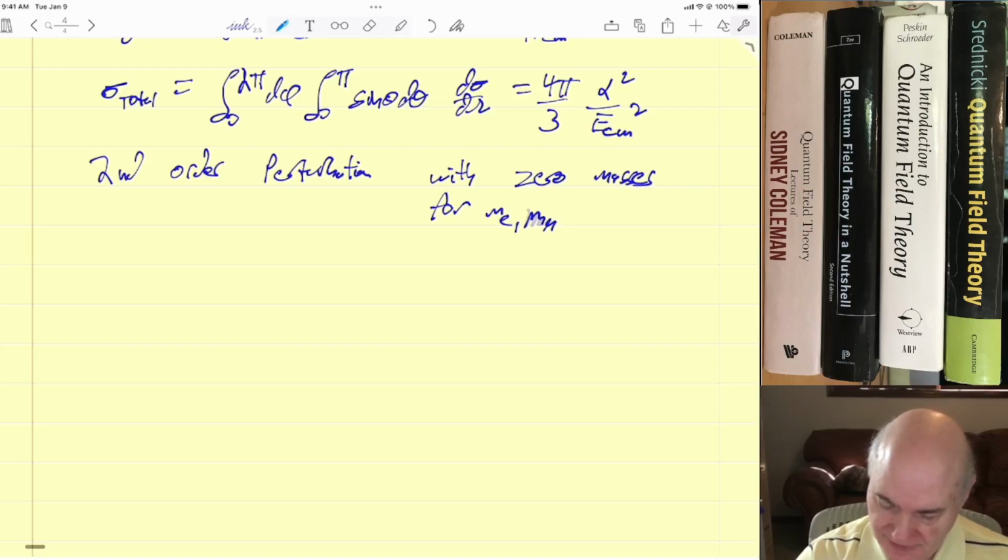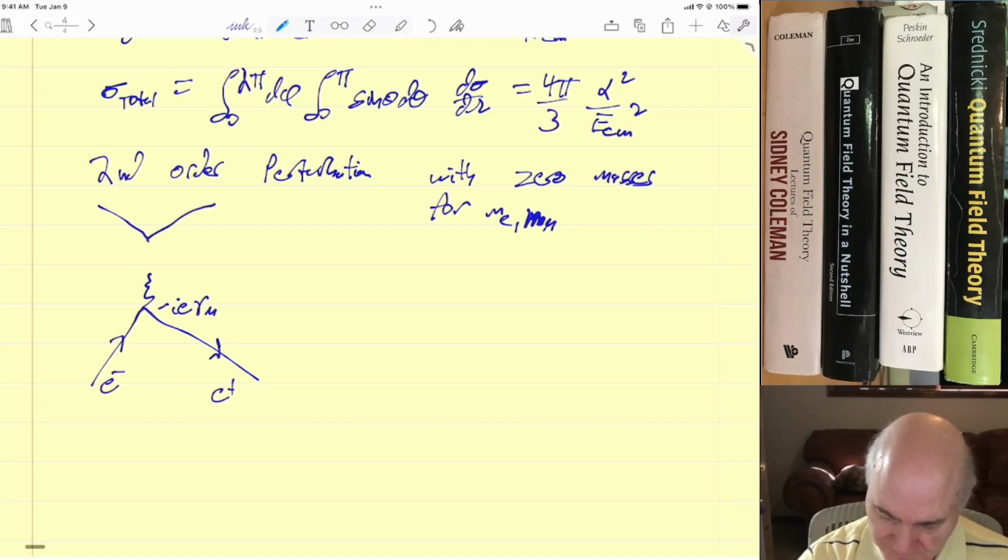But you could see, and they talk about in the rest of the chapter, all these things about Feynman diagrams and vertices, minus i e gamma mu, like e minus, e plus, and we did a photon, and we did mu minus, mu plus.